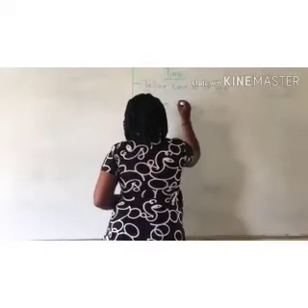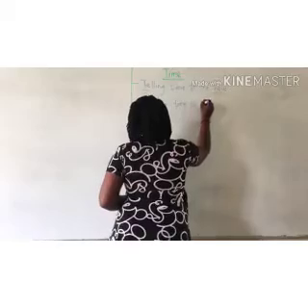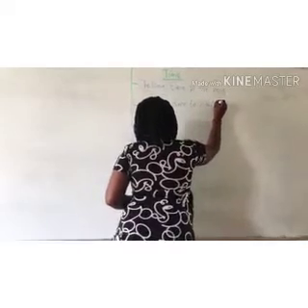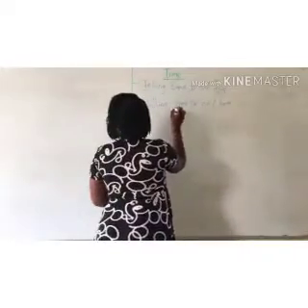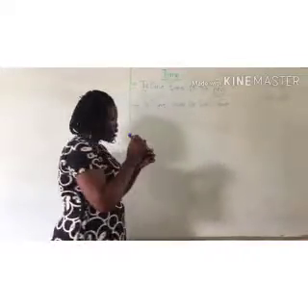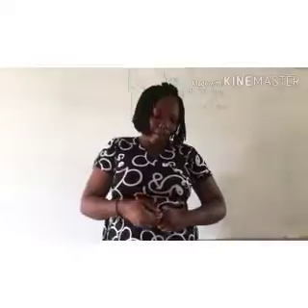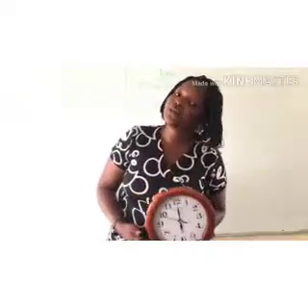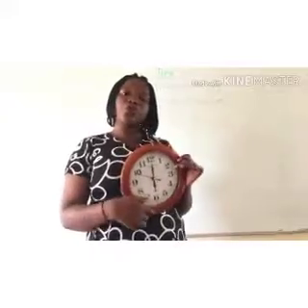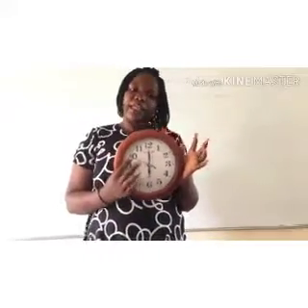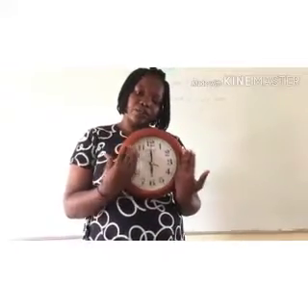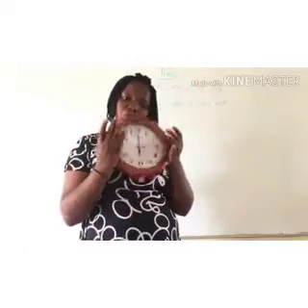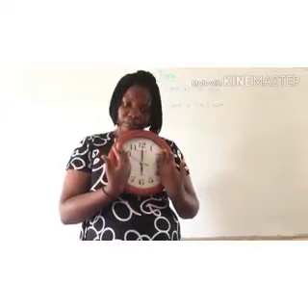Telling time to half hour. In fractions, last time we learned fraction, and you know when something is half, that means when you divide a whole into 2 equal parts.